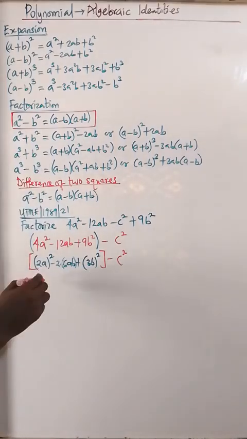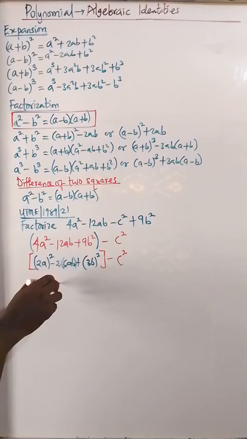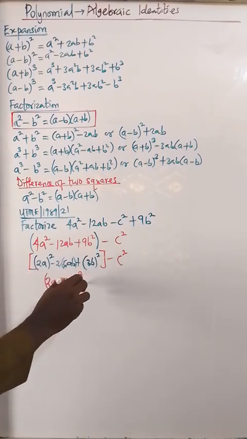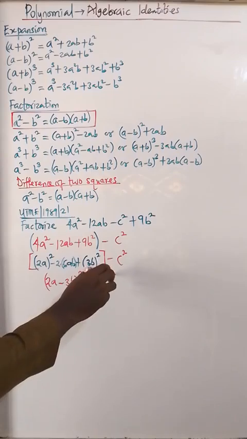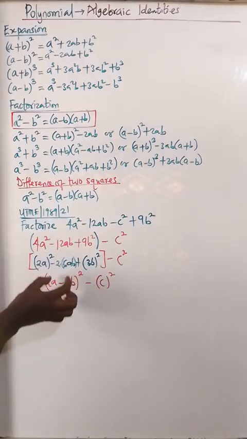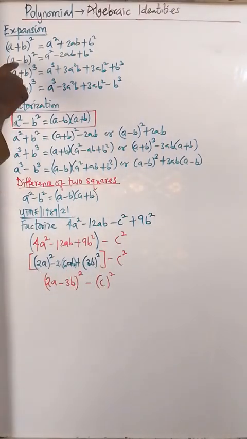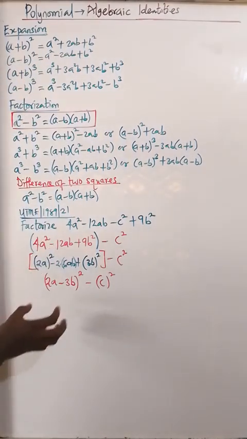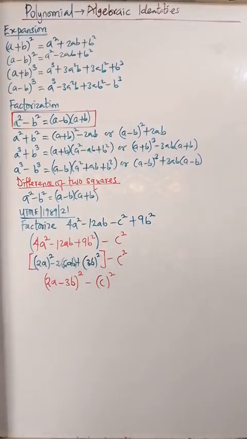We can write this as 2a minus 3b all squared, minus c squared. If we expand this, we get this. It actually falls under square of difference. Why? The center is negative. If we expand this, we get this.